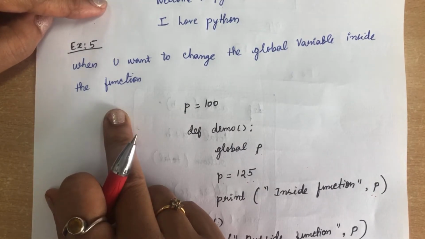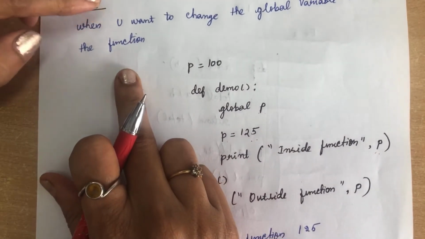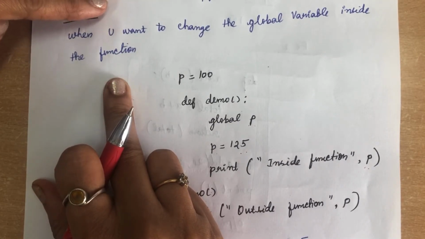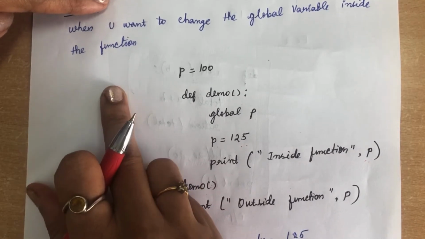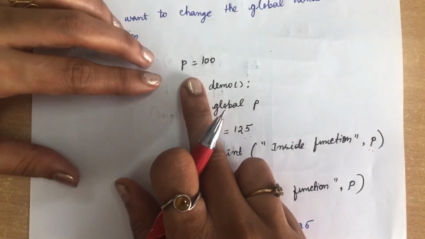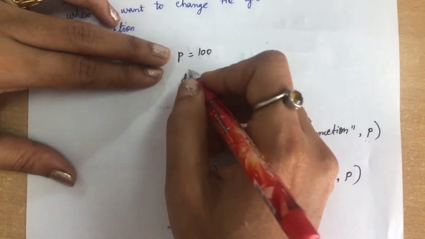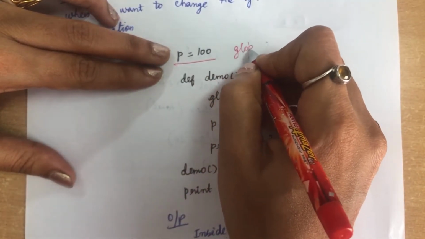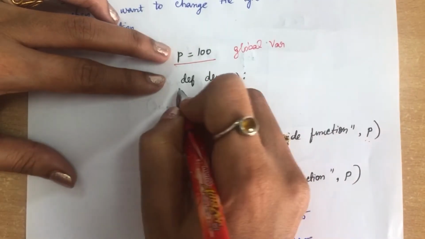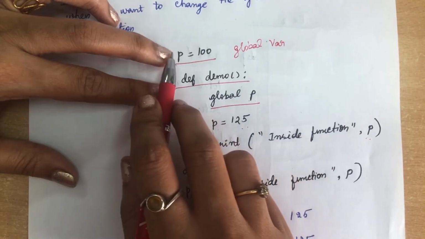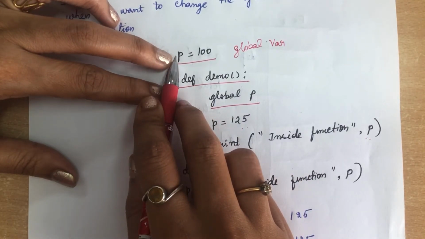This is one of the cases you may want in your program: when you want to change the global variable inside the function. So in that case, we will see the example. In this, p is 100. This is your global variable. Inside the function, I am going to declare it once again, telling Python that I want to change this variable.